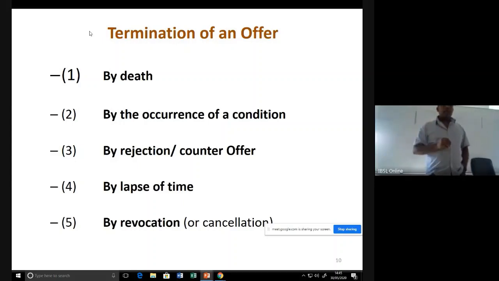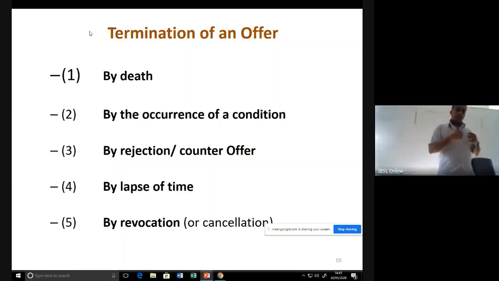Without accepting, Nimal says, okay, I will pay 4 million, not 5 million. What is that? I made the offer to Nimal. Nimal didn't accept, but he made a counter offer to me.